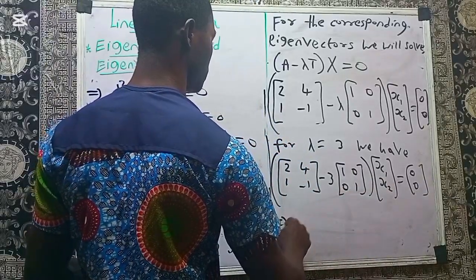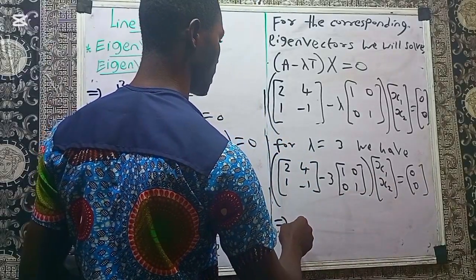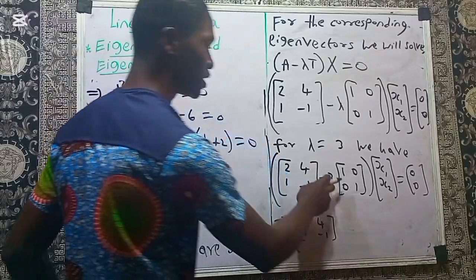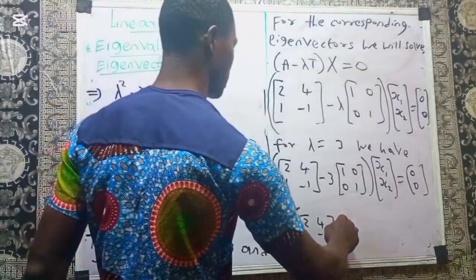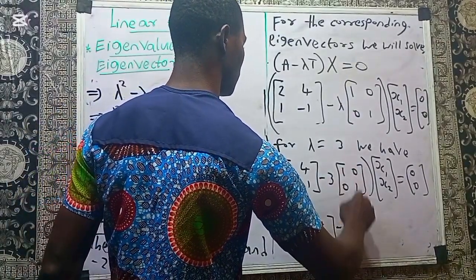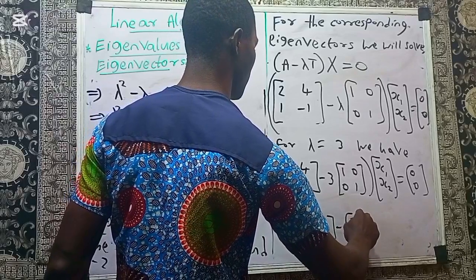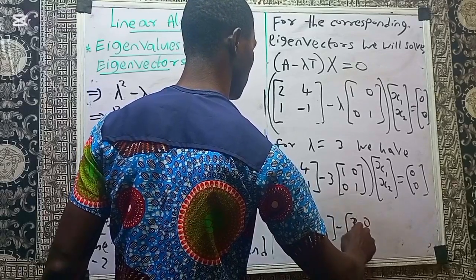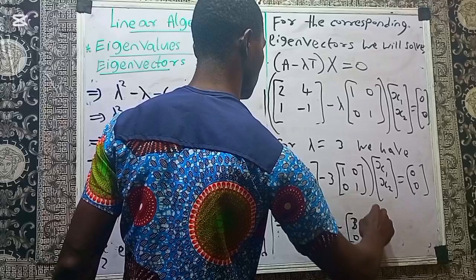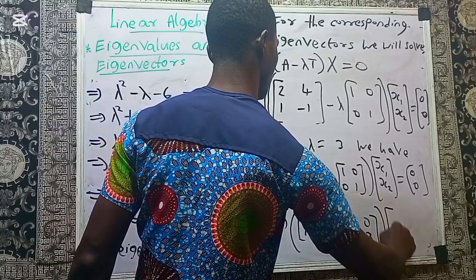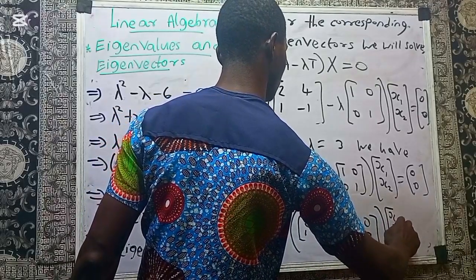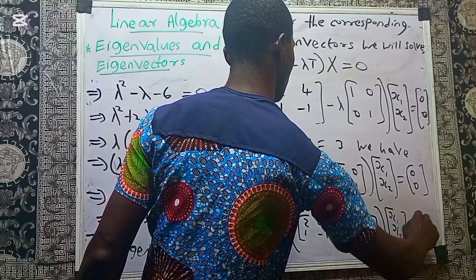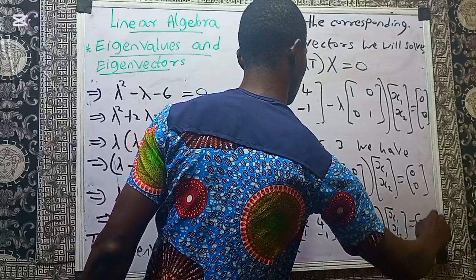This implies, so let's use the 3 to multiply the identity matrix, right? 3 multiplied by 1 is 3, 3 multiplied by 0 is 0, 3 multiplied by 0 is 0, 3 multiplied by 1 is 3. Then multiplied by the column vector, equated to the 0 matrix.